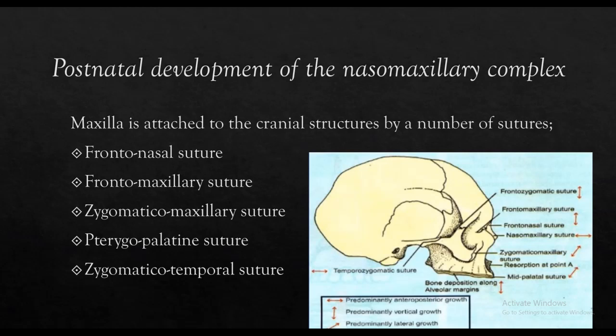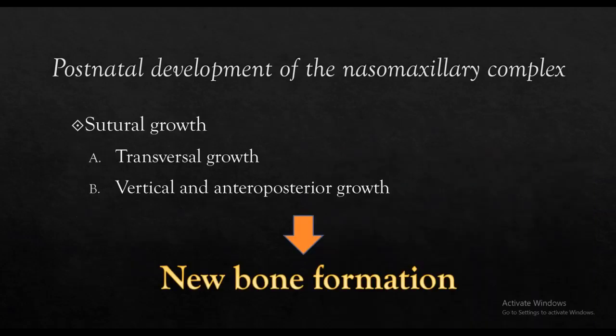Weinmann and Sicher pointed out that these sutures are oblique or parallel to each other, allowing the forward and downward growth of the maxilla. As the growth of the soft tissue occurs, maxilla is carried downward and forward. This leads to opening of space at the sutural junctions, resulting in new bone formation.